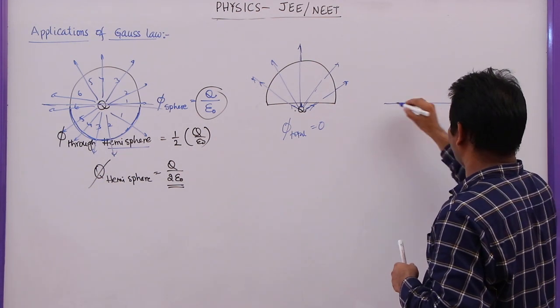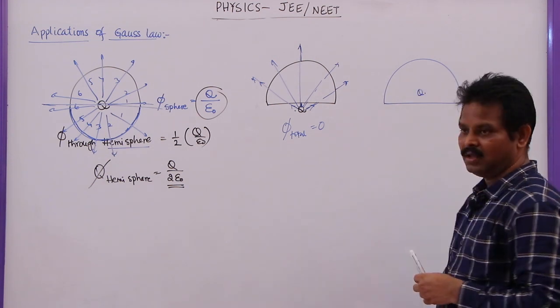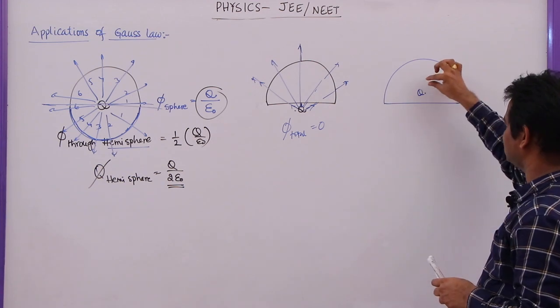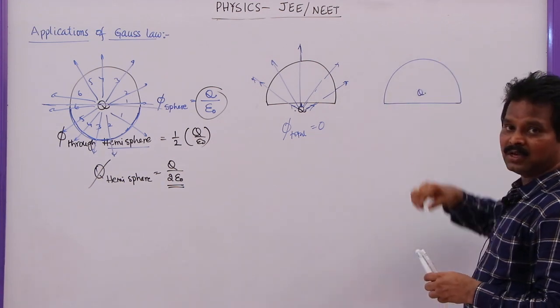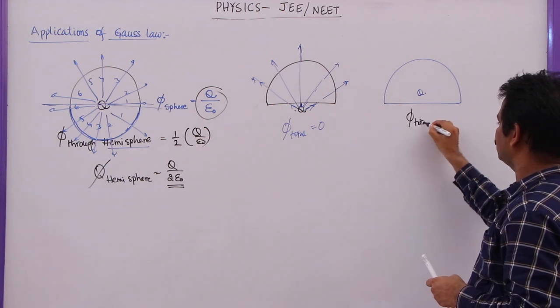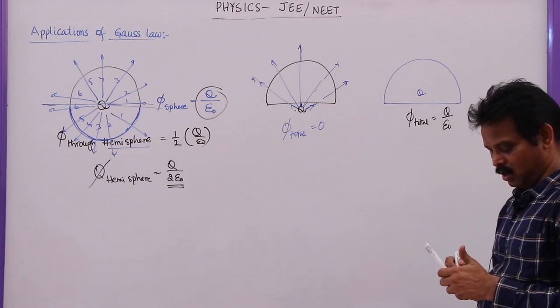Now one more example. This is a hemisphere and a charge is placed somewhere here. Even though the charge is not symmetrical, that means it is not exactly at the center of this hemisphere, we can directly write the total flux through this hemisphere as Q by epsilon naught.